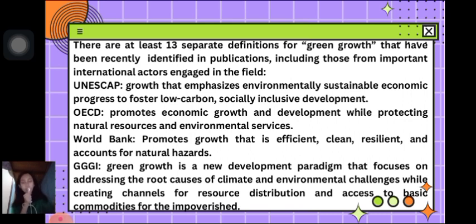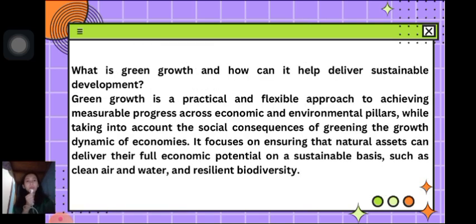Yes, time's up. So if you think that green growth is not a replacement for sustainable development, then that is right. Green growth and how it can help deliver sustainable development.